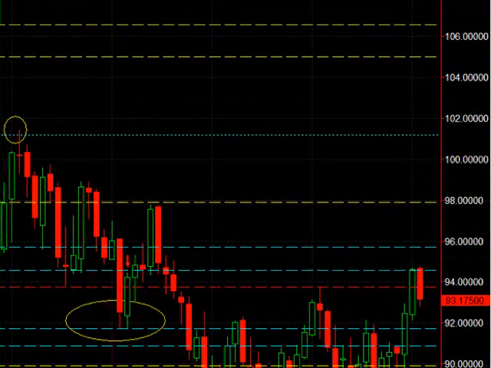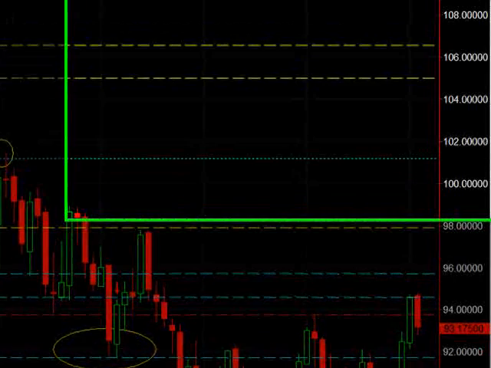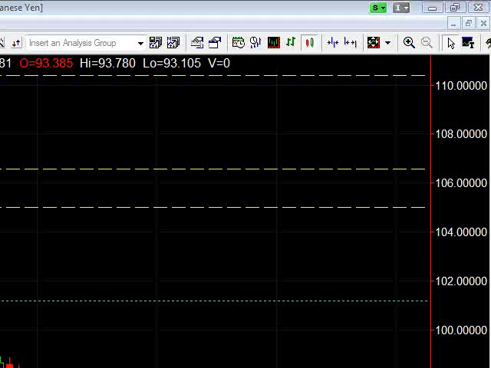This is quite a negative setup. We should be looking for this thing to continue down, at least to test the 91.73. This gives us an easy way to trade the dollar yen.